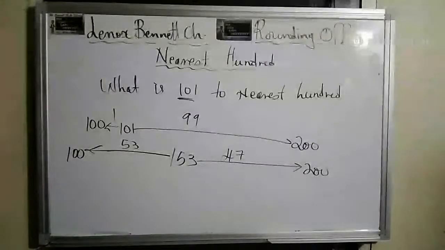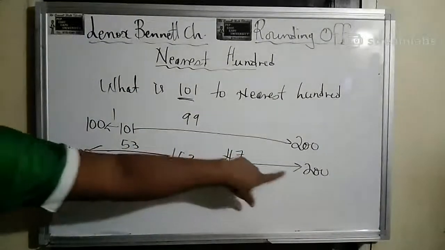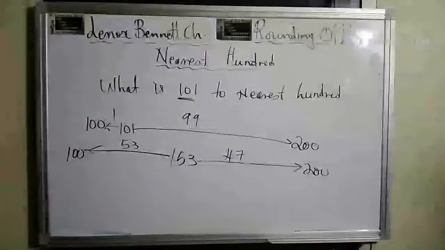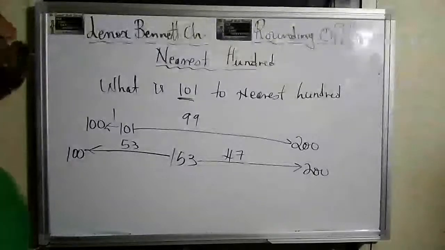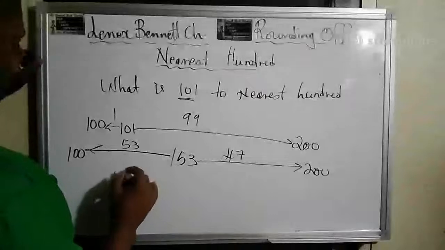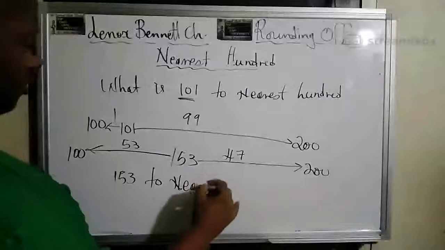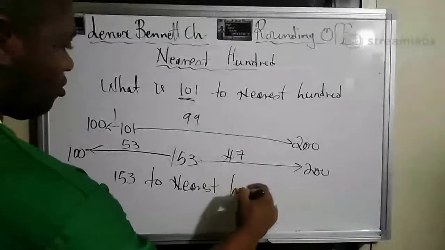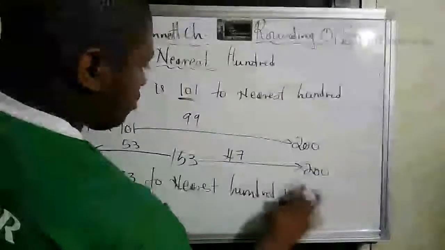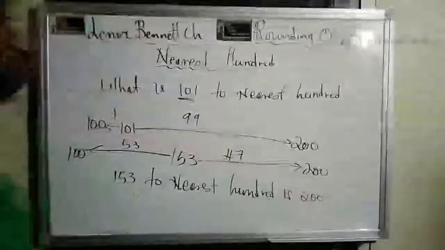So it's easier to go that direction because it's just 47 away. The distance is closer. That is why 153 to its nearest 100 would be 200.